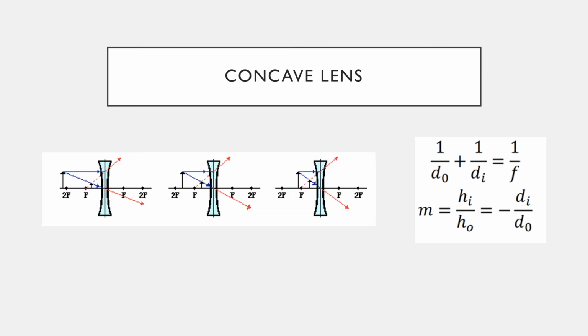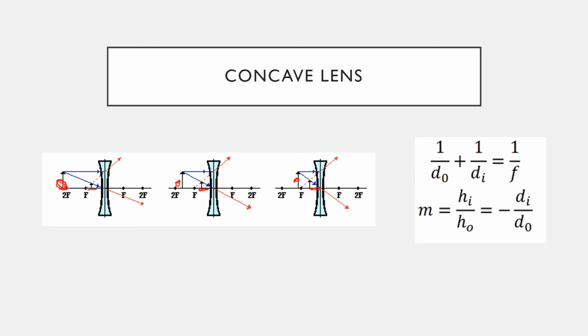Now concave lenses are unique in the fact that it doesn't matter where the object itself is, the image formed will always be on the same side as the object. So as we look at this, here is our object. This big arrow represents the object in all of these lenses. And it doesn't matter where you place it, the image, the smaller arrow, will always be formed on the same side as the object itself.